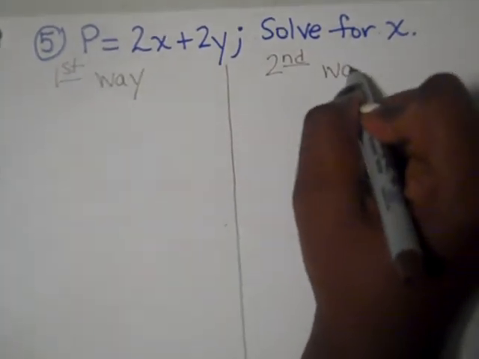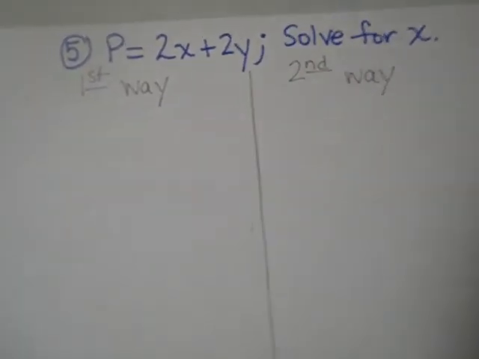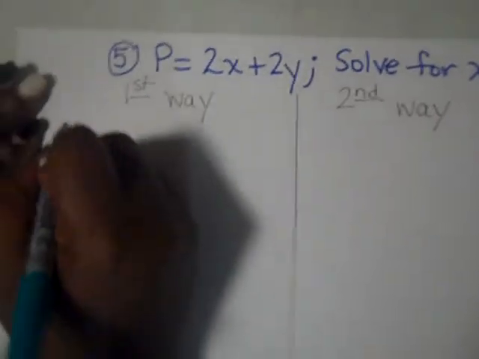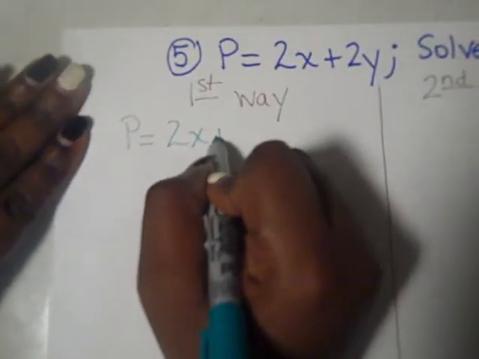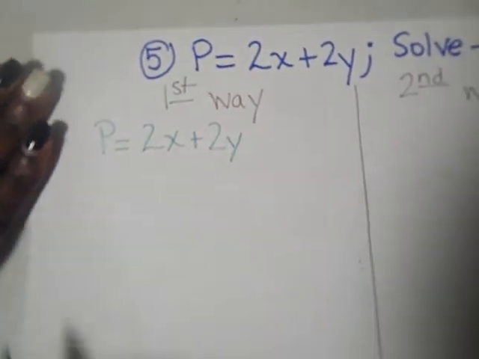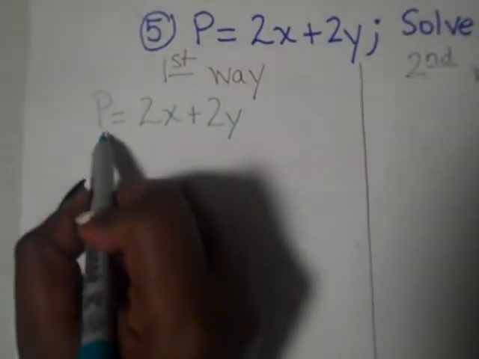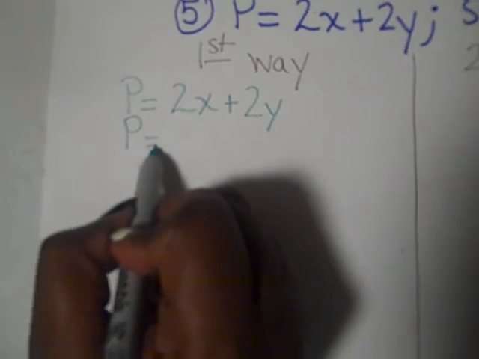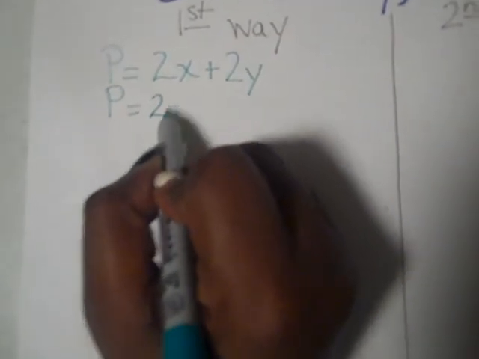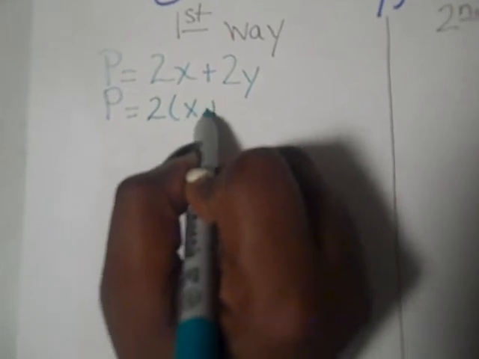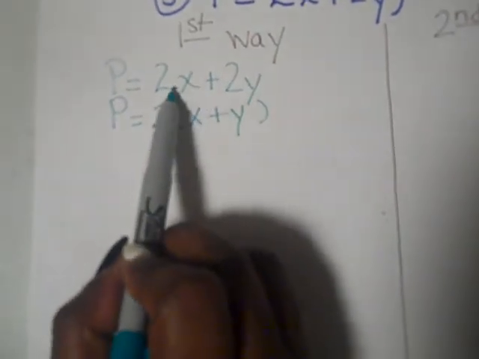It is your preference as to which way you would like to do it. So P equals 2x plus 2y. What I would do first is I'm going to take out my GCF, which is 2, because I have it in both of them.